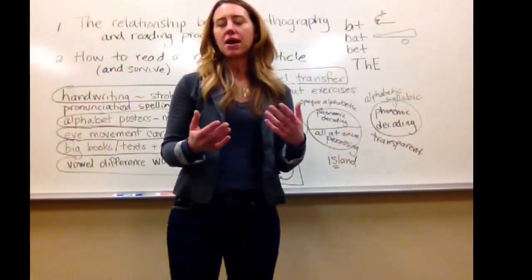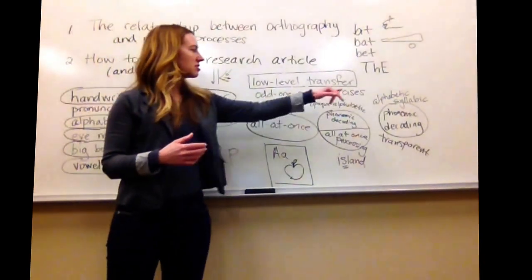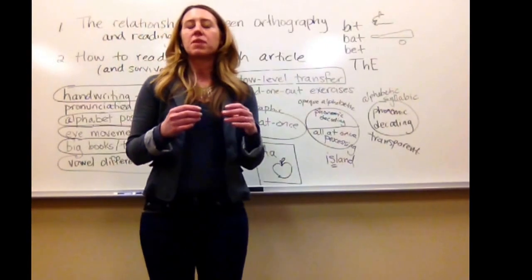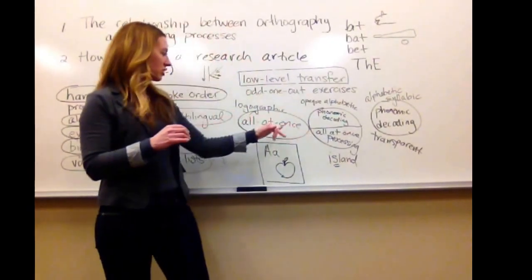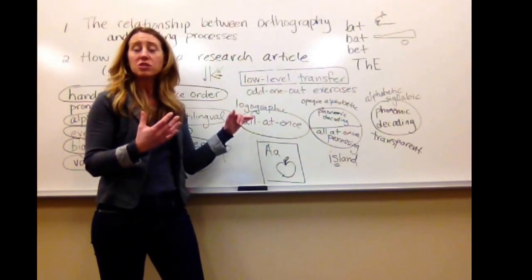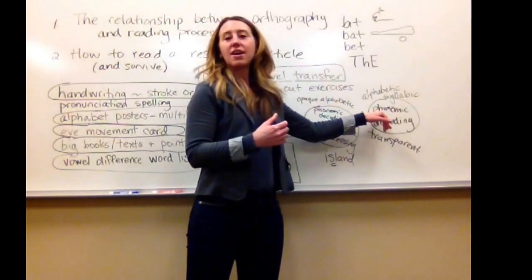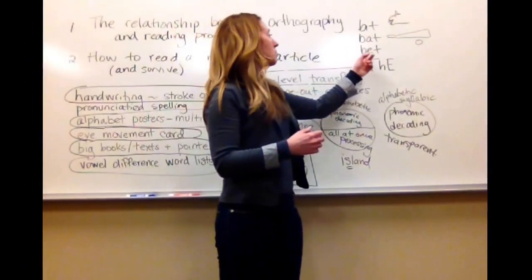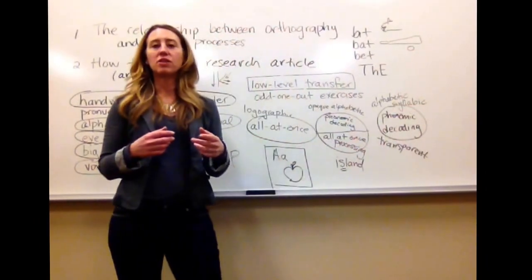Why does that matter? Because for a student who's learned to read in a different alphabet, or they've learned to read in a logographic language, they've got this all-at-once processing already. Get them to notice the letters, right? So maybe you've got bet, bat, and they have to find the one that's different.